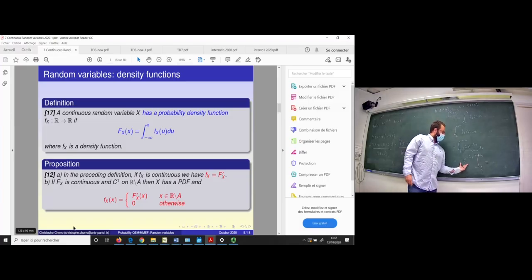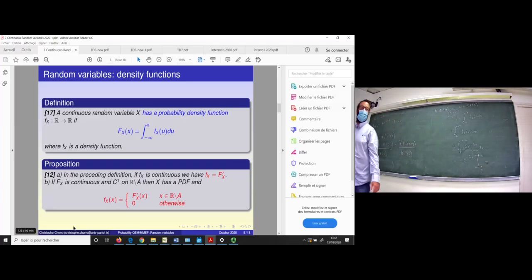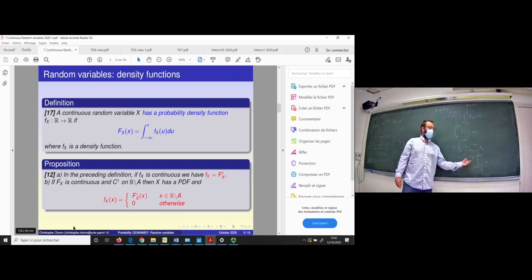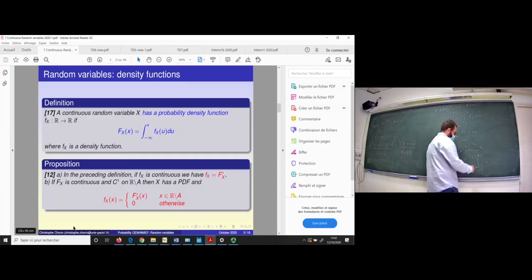What is the limit of this one when x goes to plus infinity? Zero, because I have a negative exponential and my lambda is strictly positive. So in plus infinity this is 0, and I have minus, so it's just exponential minus lambda z.